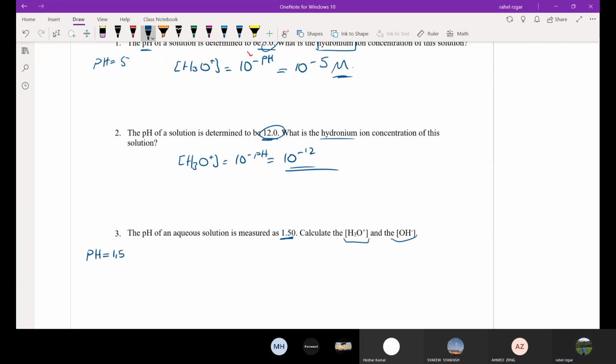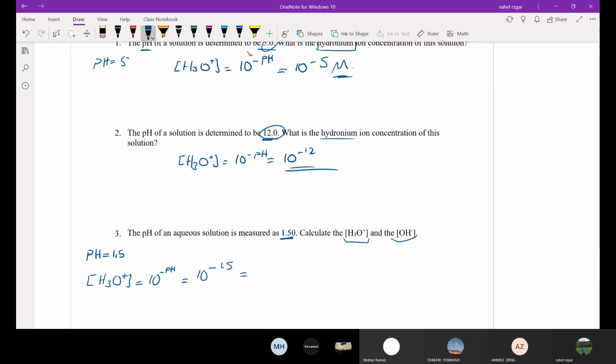Now, calculate H3O. It's easy because we know the constant rule to find H3O from pH is equal to 10 to the power of minus pH. So it's equal to 10 to the power of minus 1.5.